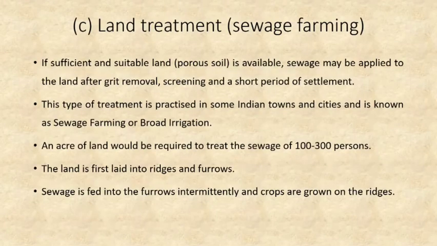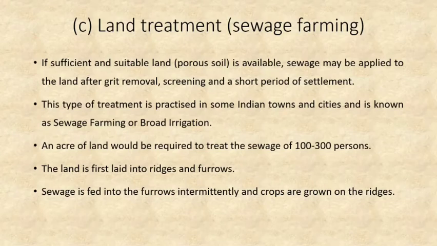Then the third method is land treatment, also called sewage farming. If sufficient and suitable land is available, of porous soil, then sewage may be applied to the land after grit removal, screening, and a short period of settlement, not directly.